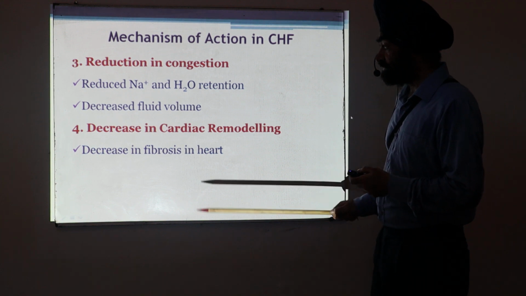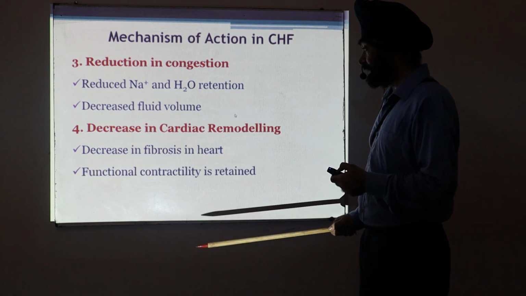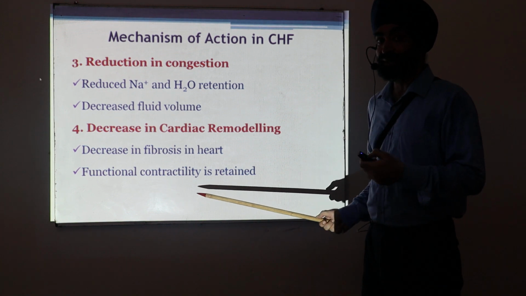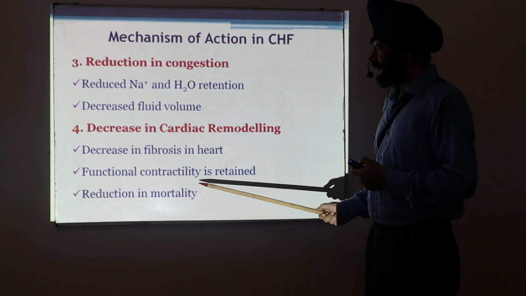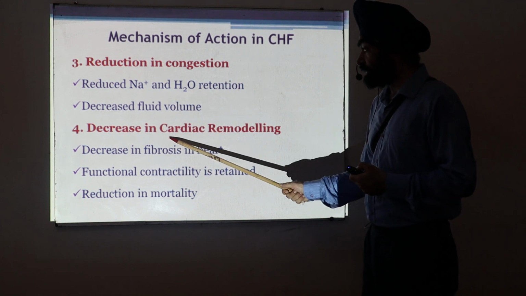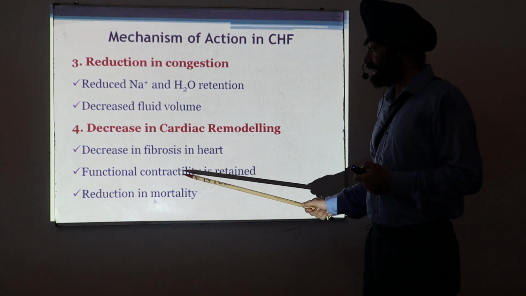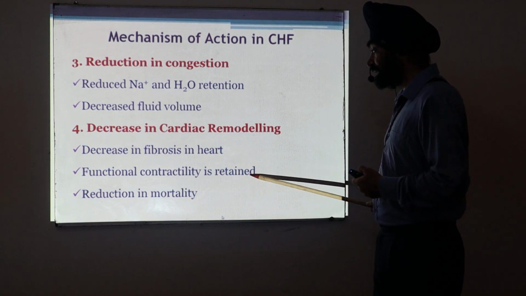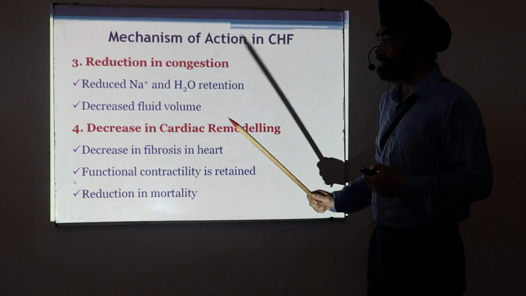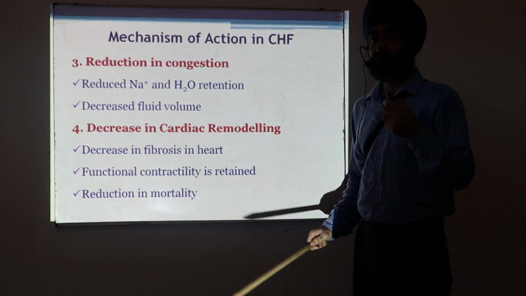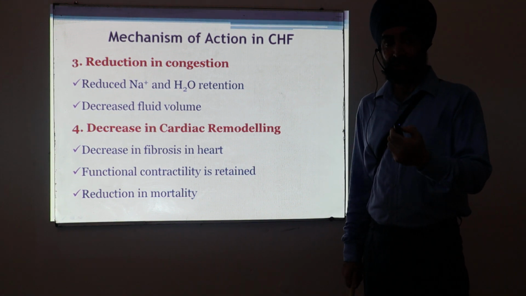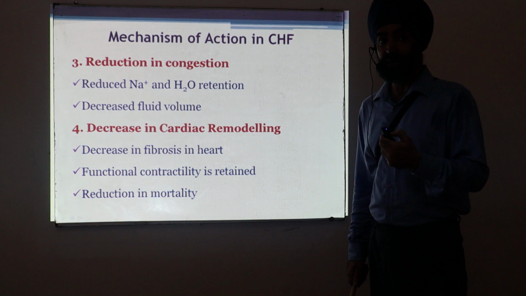So if fibrous tissue is there, contractility will not be there, because now it is fibrous tissue, not contractile tissue. But if you give these drugs, they reduce the fibrosis, contractility will be retained, and as a result, the person's survival will increase, mortality will be reduced. So these are 4 very important mechanisms of angiotensin converting enzyme inhibitors or the ARB.